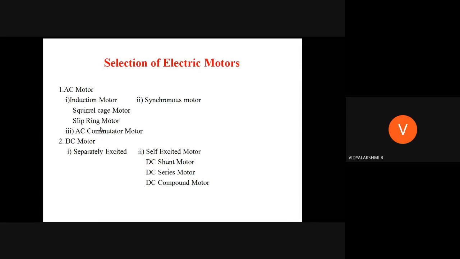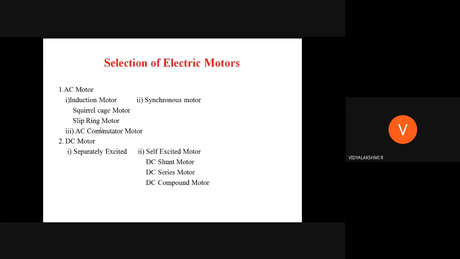The starting current will be very high. If my starting current is high, my machine will run at a dangerously high speed, or it may change variably. So in order to avoid that, I go with the starter. The main function of the starter is to help reduce the starting current. Without a starter, if I start any machine, the starting current will be very high, and the machine will run at a dangerously high speed. So in order to avoid that, I'm using a starter.